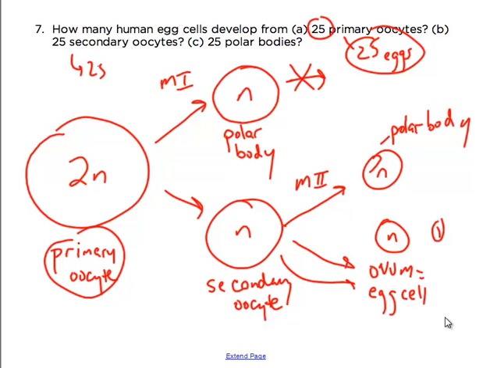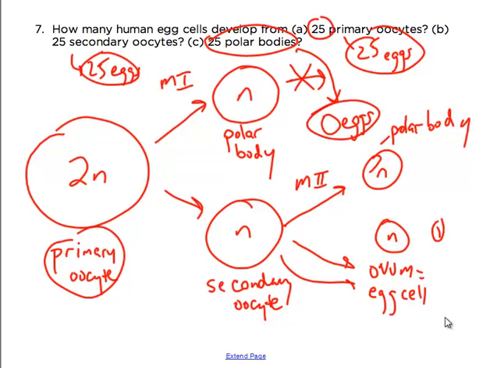So 25 secondary oocytes give 25 eggs. And C is sort of a trick question. 25 polar bodies, well, you could have a million polar bodies. The point being, polar bodies do not give rise to eggs. They're arrested, frozen, and they do nothing. So how many eggs do you get from 25 polar bodies? 0. See you next time.